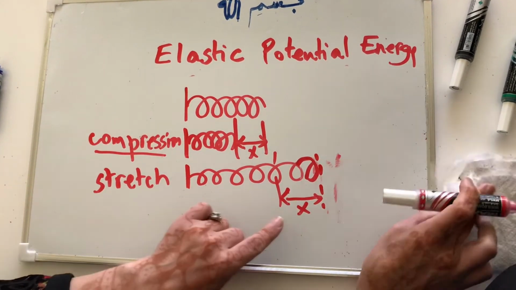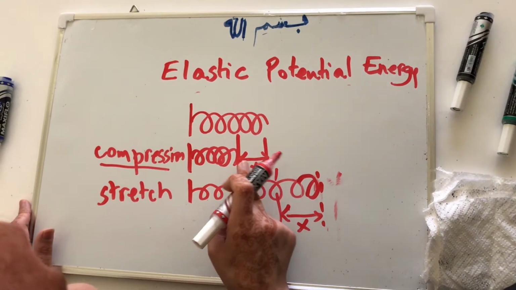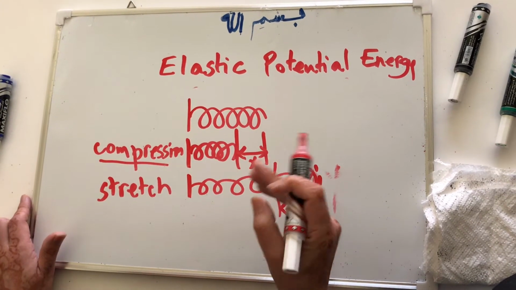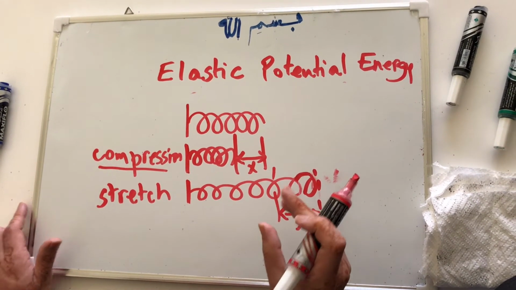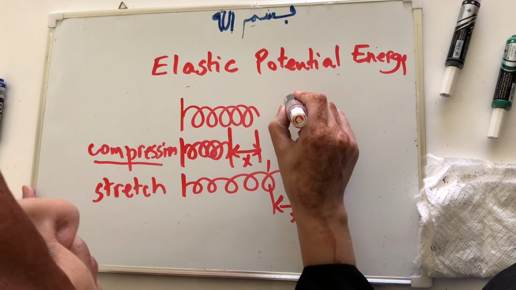So this is a stretch by x, let's say 2 centimeters, and this is a compression by 2 centimeters. Does it matter whether we compress it or we stretch it by the same amount? Does it matter in the formula how much energy we store?